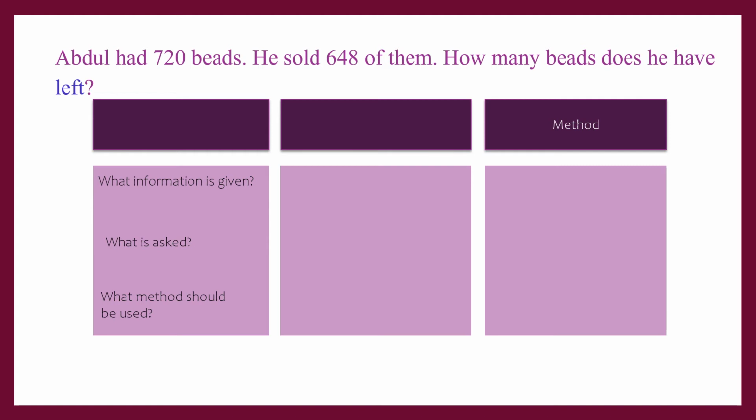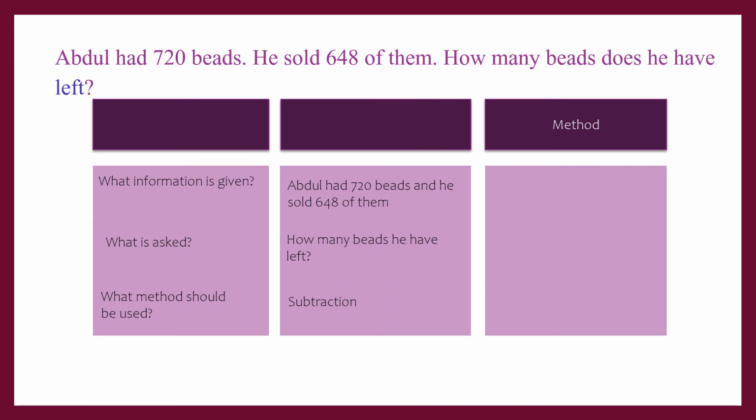Next column we will write the answers. Abdul had 720 beads and he sold 648 of them. Now what is asked? How many beads does he have left? For that we will use the method subtraction, because here the keyword given is left.